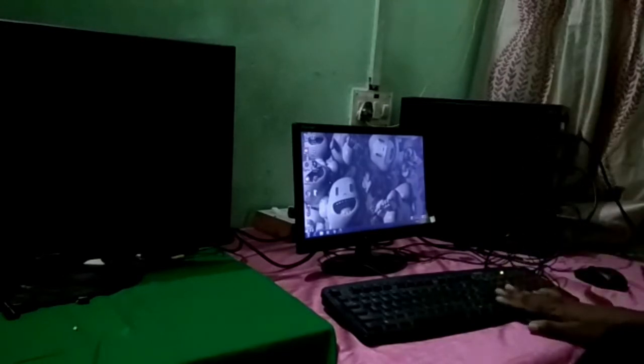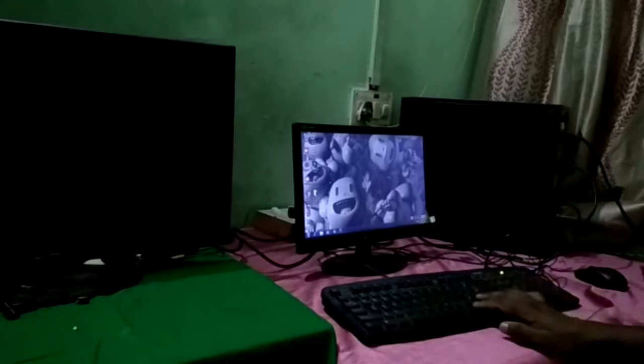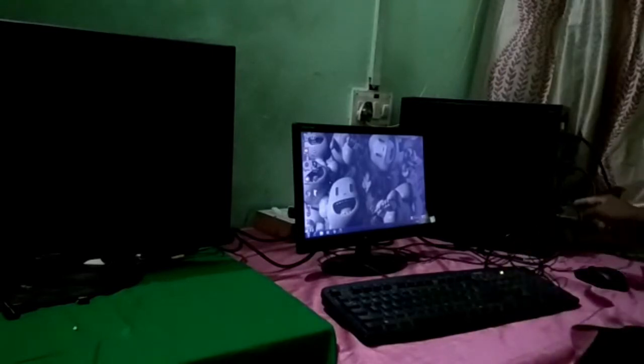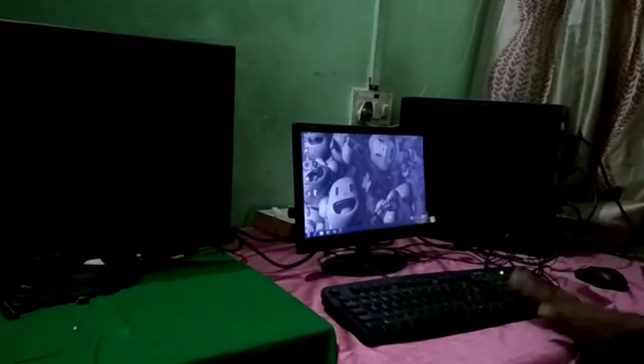So this is also an important device. We enter words, numbers or pictures. Through this we can enter the pictures. These are called input devices.